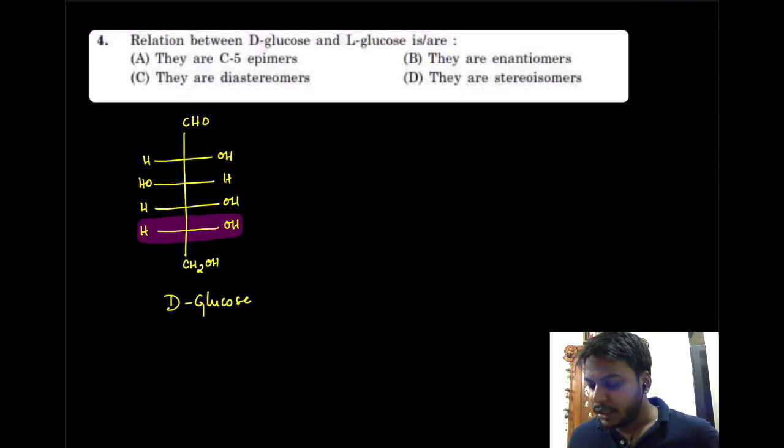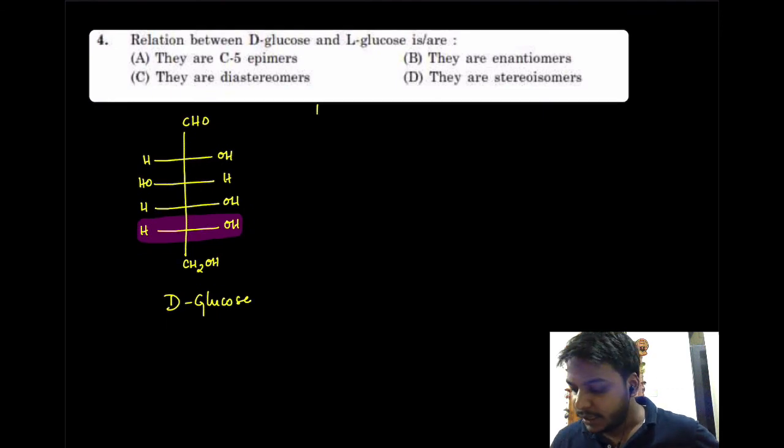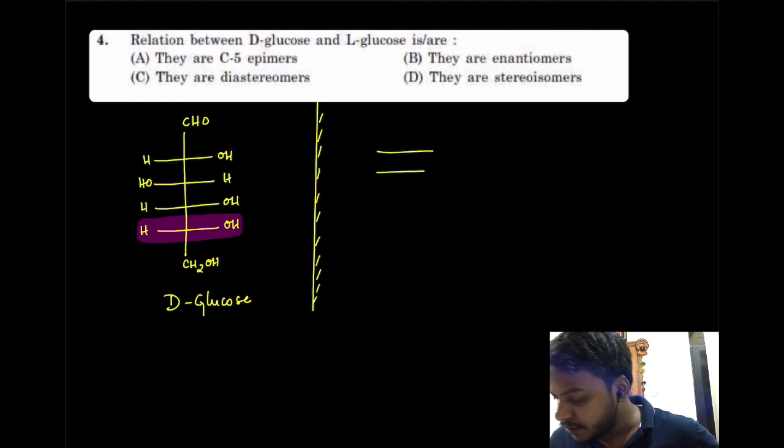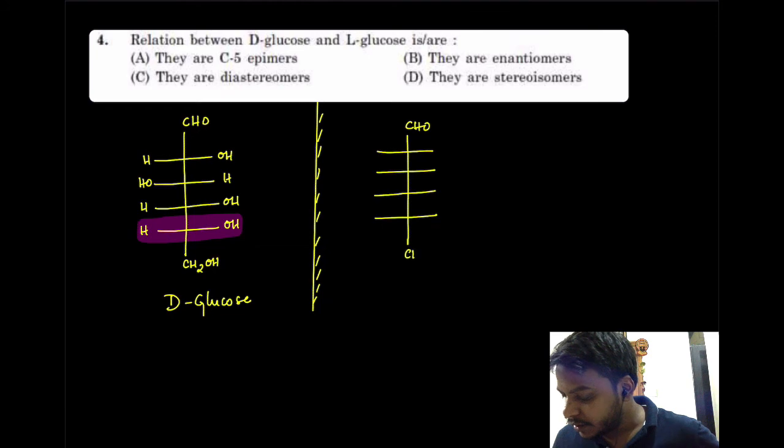The minute we write it L, it becomes a mirror image, okay. So it is actually a mirror image of this. So in this mirror image you can see again these 4 chiral centers with CHO, CH2OH, and now if you look on this side, because on the mirror image now we will see OH is coming on the left hand side here on the 5th position.